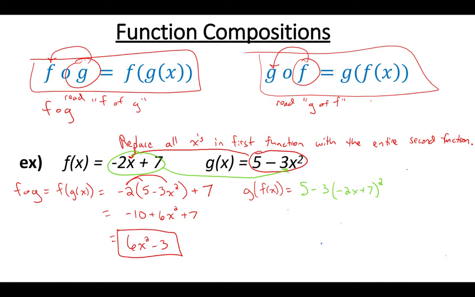So again, we always put parentheses where we make a substitution, and we replace this x with the entire other function. First thing that we would need to do here is actually, since the whole thing is squared, we need to FOIL this. So you might even want to just write it out on the side here. Negative 2x plus 7 times negative 2x plus 7.